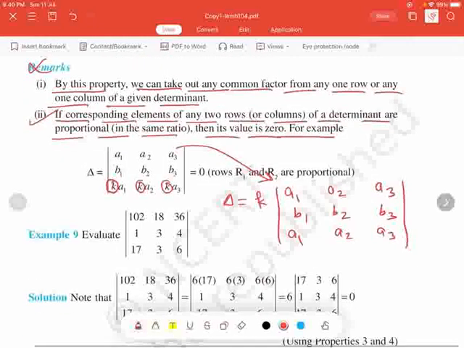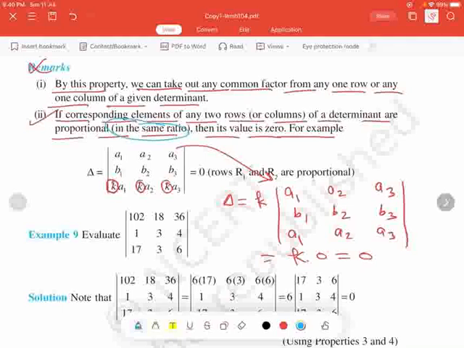Now R1 and R3 are identical, so this is k into 0, that is 0. In another way, there is no need to take common out, you can check they are in the same ratio, so you can put this equal to 0.